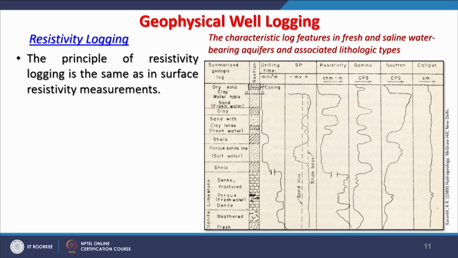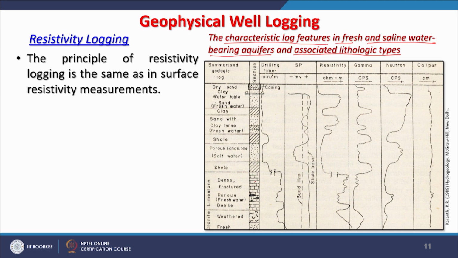So here we are seeing the characteristic log features in fresh and saline water bearing aquifers and associated lithological types. As I said in the beginning, when we started the discussion on typical geophysical well logging or even hydrogeological well logging, the first requirement is to put a litholog on the leftmost side.